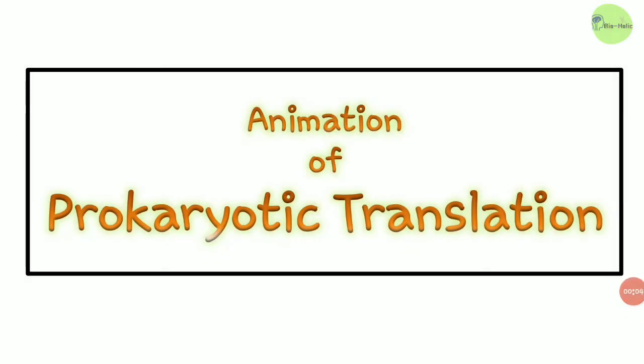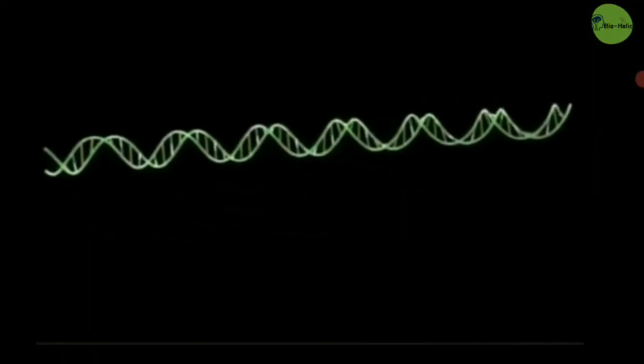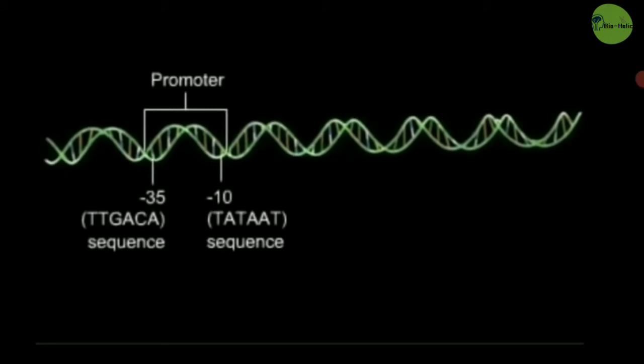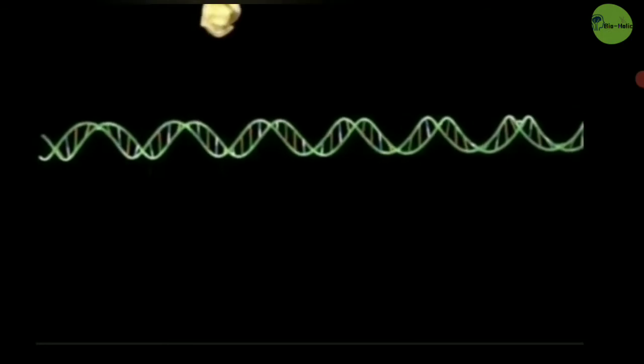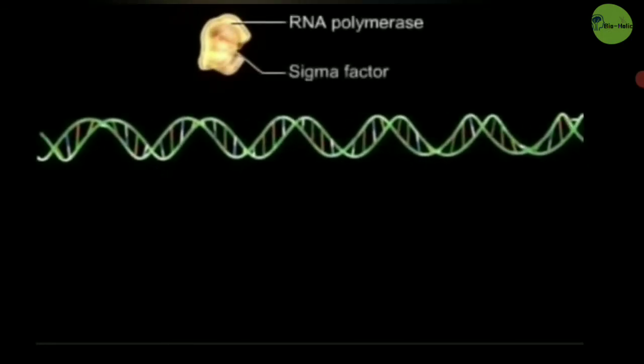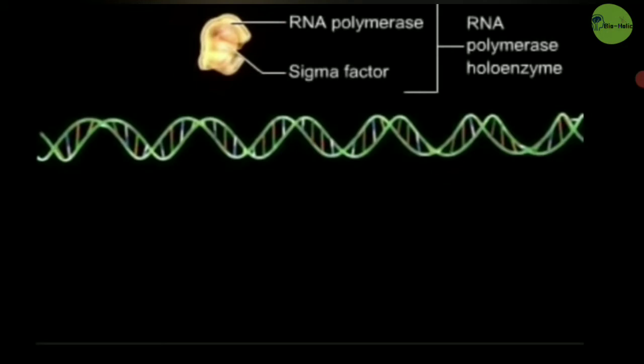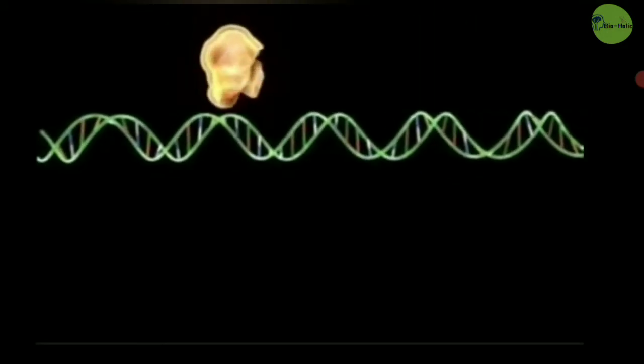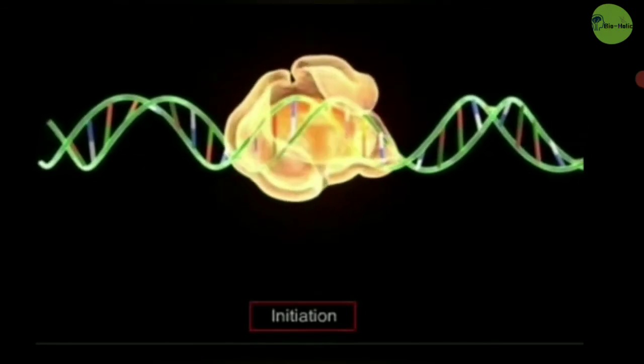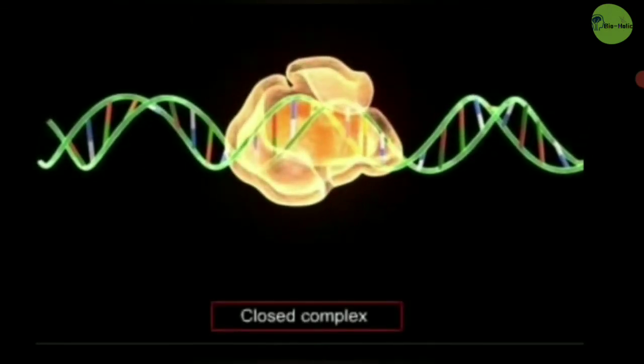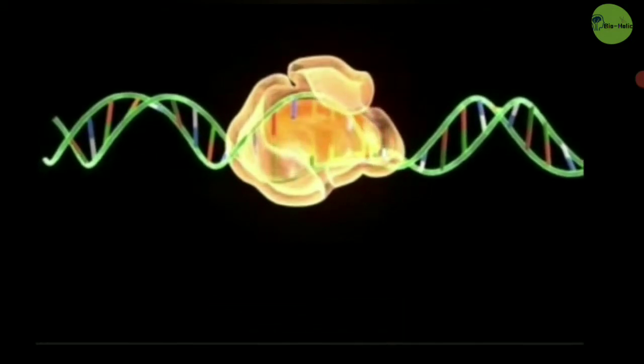Now let's see an animated form of the prokaryotic transcription process, then you can get a better clarity. In this animated video, we can see that in a DNA duplex, there is the promoter sequence of the Pribnow box and the -35 sequence. Then RNA polymerase with sigma factor, or I can say the holoenzyme, comes to bind with the DNA duplex at the initiation stage by forming a closed binary complex, which melts a short region of DNA by the action of RNA polymerase and forms an open complex.